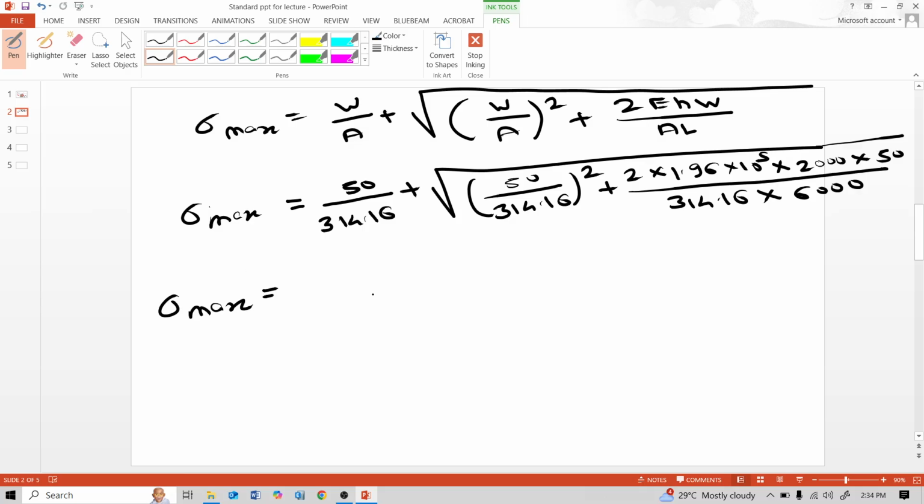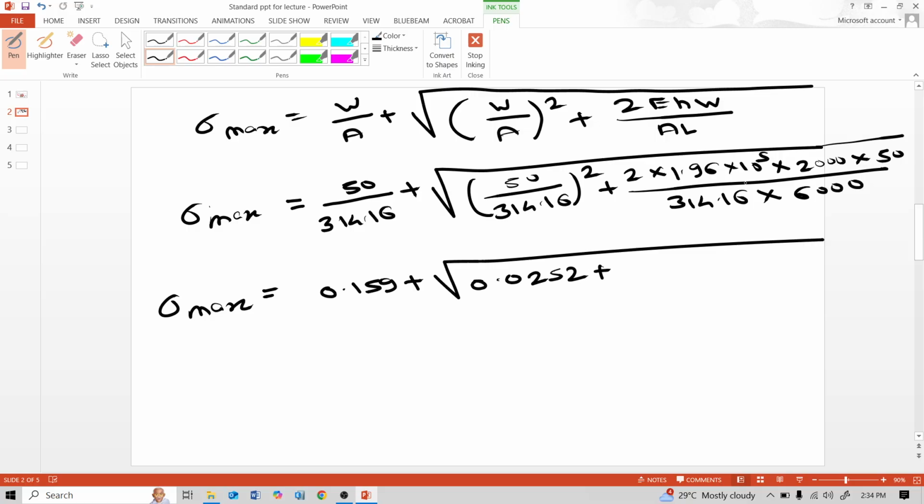So this sigma max is 50 upon 314.16, which is 0.159, plus under root of 0.159 square, which is 0.0252, plus 2 into 1.96 into 10 raised to 5 into 2000 into 50 upon 314.16 into 6000. So this value is 20.796 into 10 raised to 3.